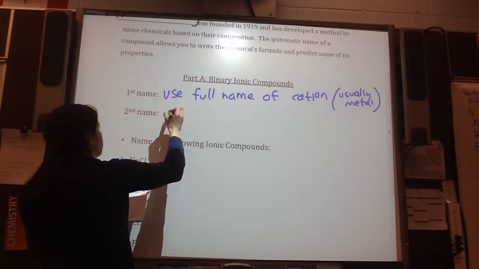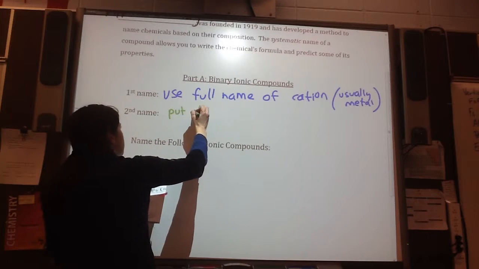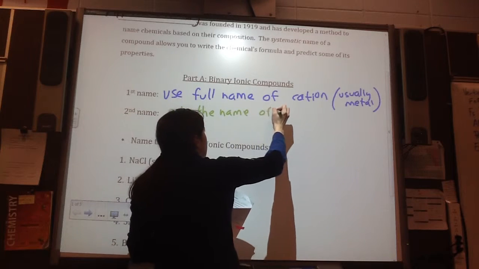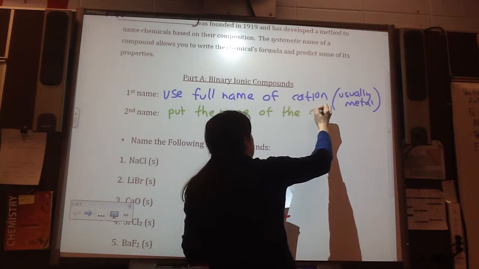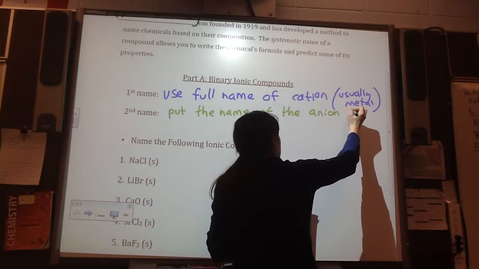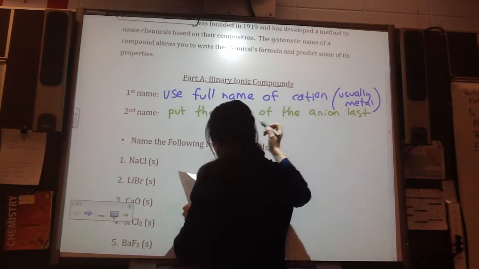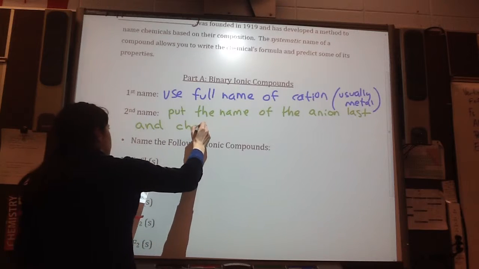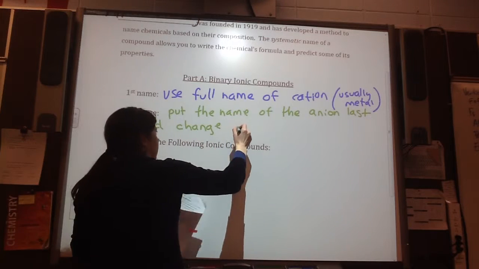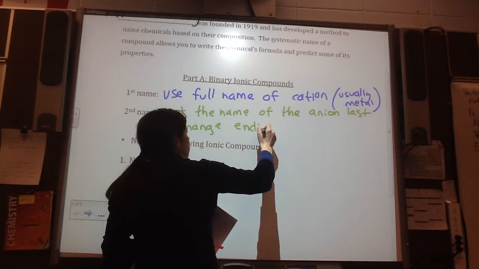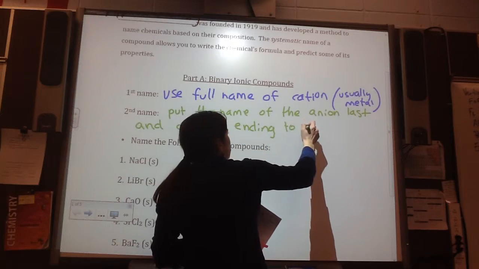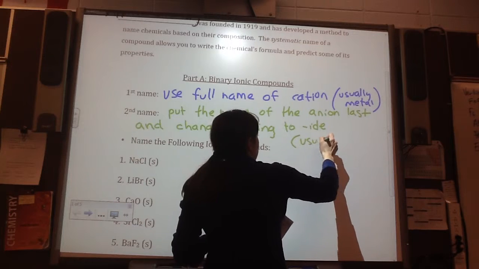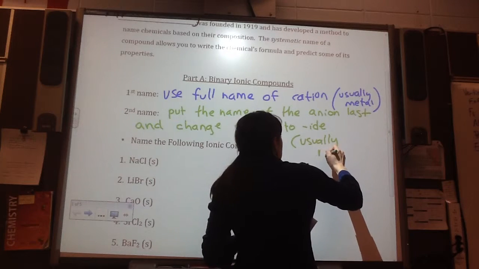Then next, put the name of the anion last and change the ending to -ide. This is usually a non-metal.